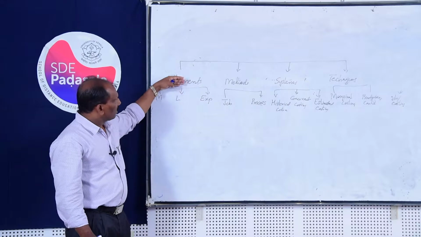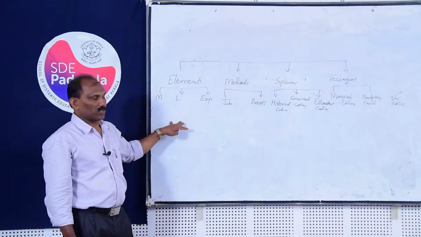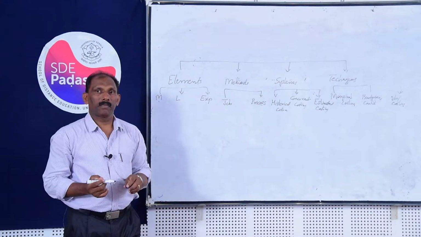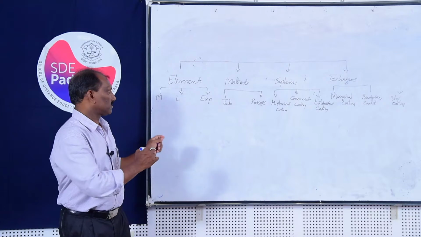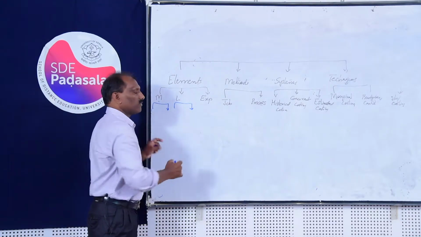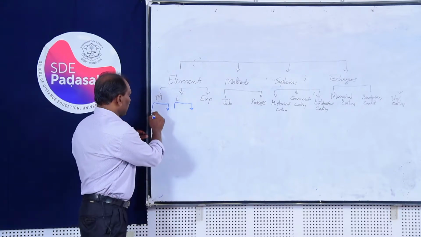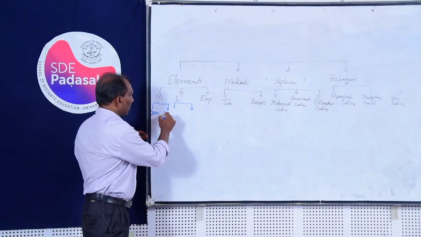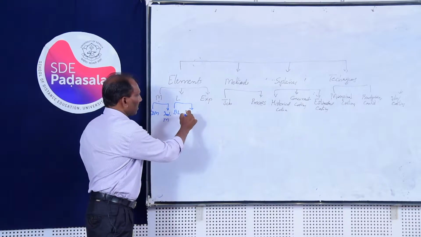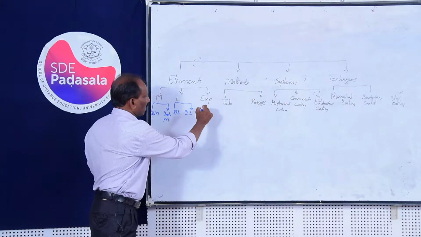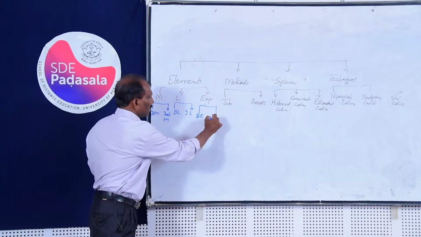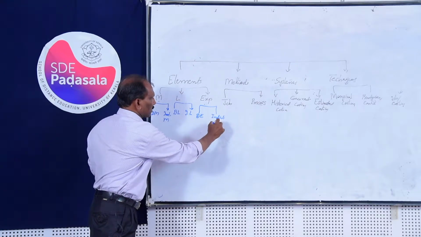Then we can discuss elements of costs. Element constitute material, labor, and expense. Each element can again be classified as direct material, indirect material, direct labor, indirect labor, direct expense, and indirect expense.